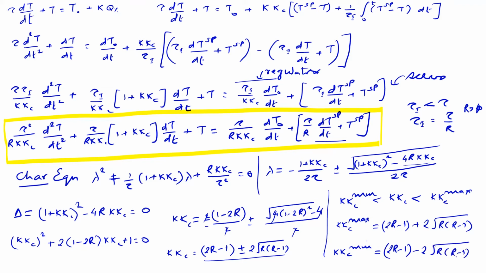So if kkc is between these two limiting values, then you get complex conjugate roots.